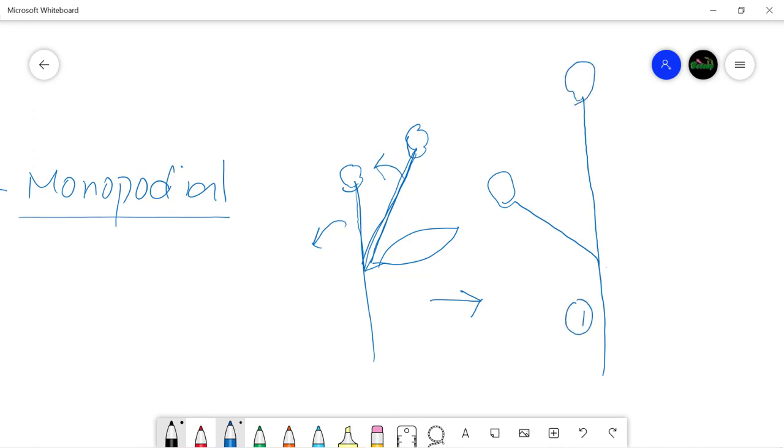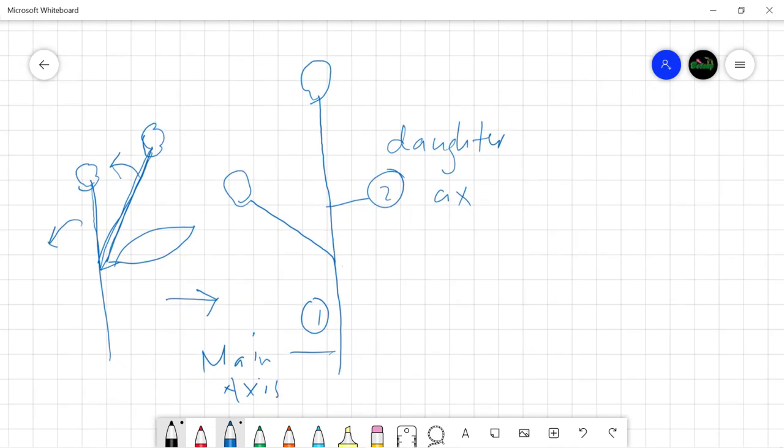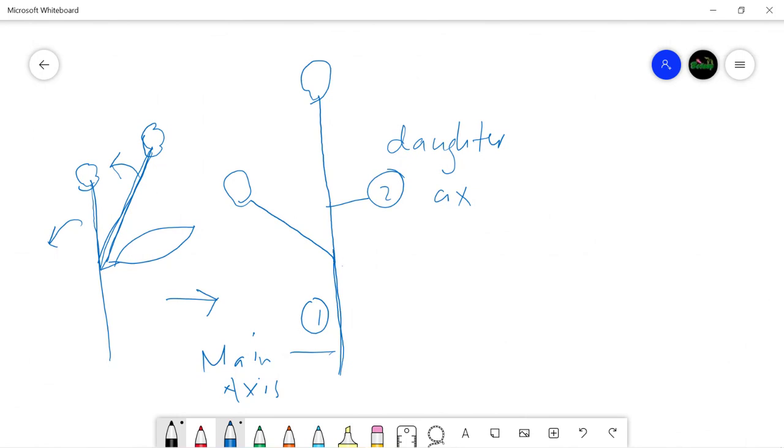So this was first or main axis, and this is the second or first daughter axis, right? So as you can see, this is the base of the parent axis and this is the base of the daughter axis. Now what happens that this particular daughter axis, now it gives off a branch on the left side, as this is a Scorpid branching. So it has given off a branch on the left side.